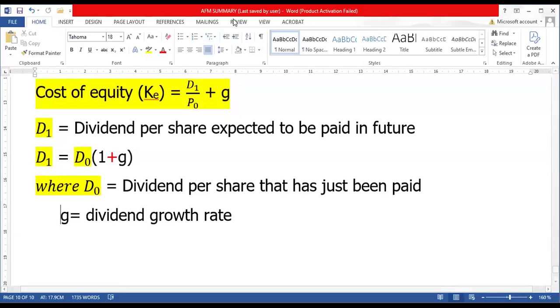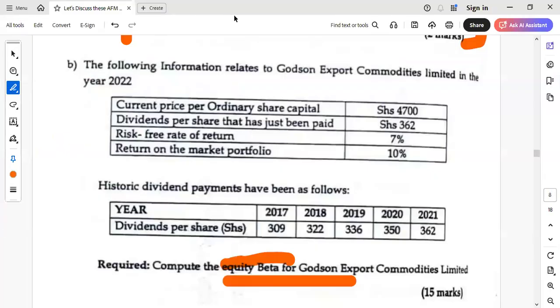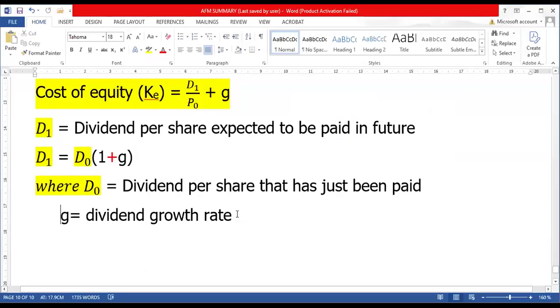Okay, so what are we given from this question? We are given the current price. I have not defined the P. P is the current price. From the formula we have P naught. What is P naught?